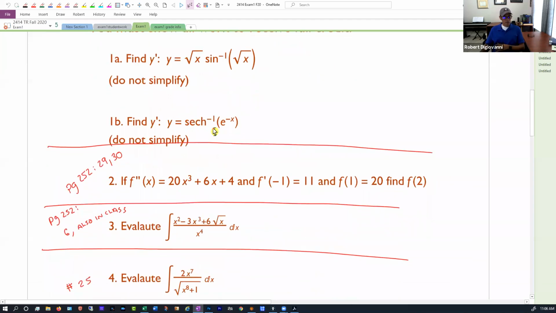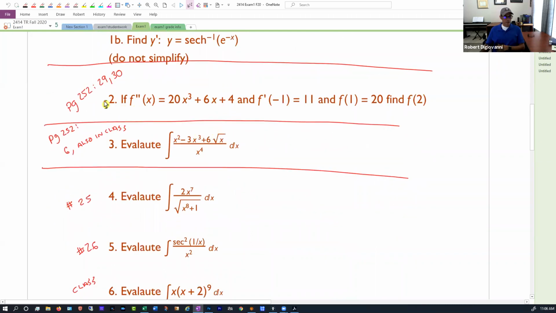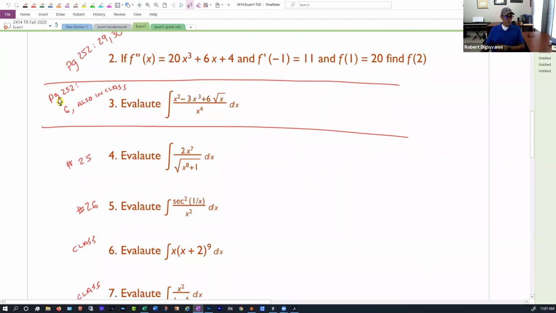I expected that you could do okay on that. Everything else I took pretty much from the book. There's always something like it in the book. Like number 2: if you look back on page 252 of the textbook, numbers 29 and 30 were just like this problem.